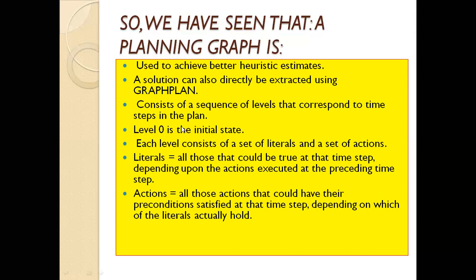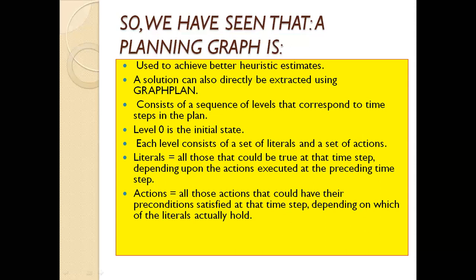First, level 0 is obviously the initial state, and in each level you have seen that literals and a set of actions are there. Literals are those that could be true at the time step depending upon the actions executed at the preceding time step, and actions are all those actions that could have their preconditions satisfied at the time step, depending on which of the literals actually hold.